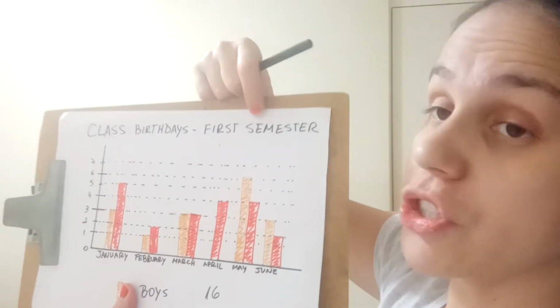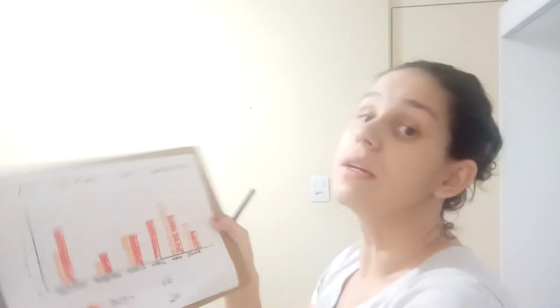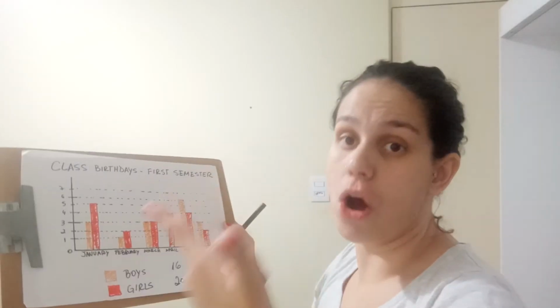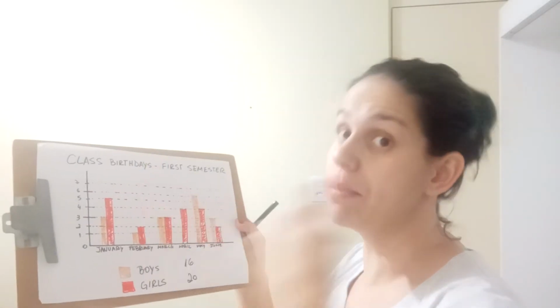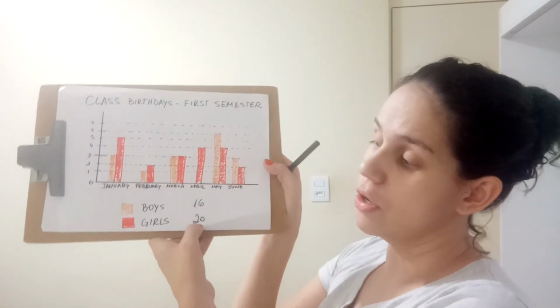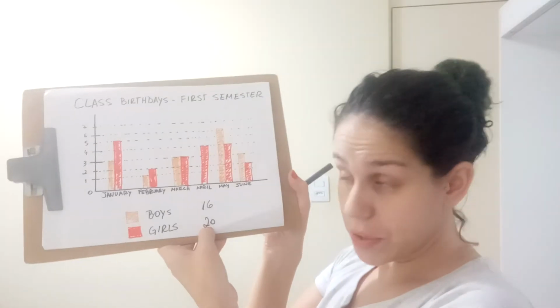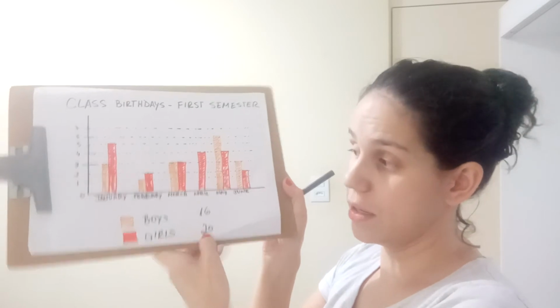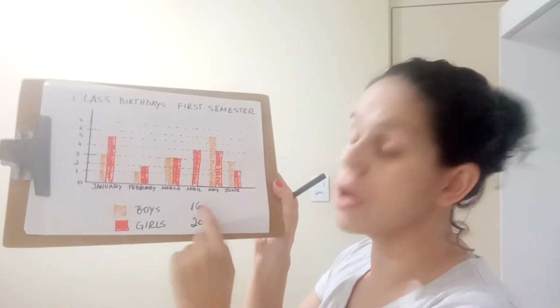And look, this is only the first semester, yes? Because we have July, August, September, October, November, and December. So there are more girls who have birthdays in the first semester than boys. This is the answer to question number 6.